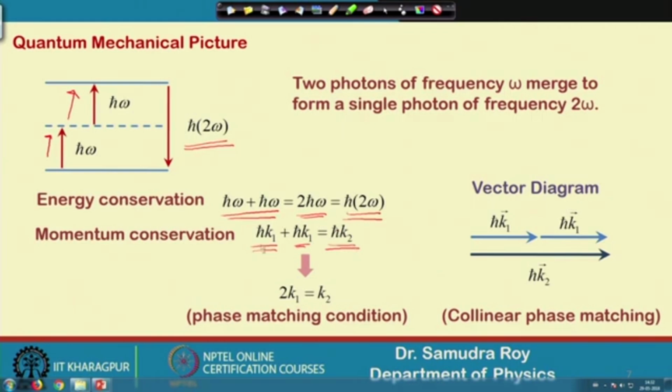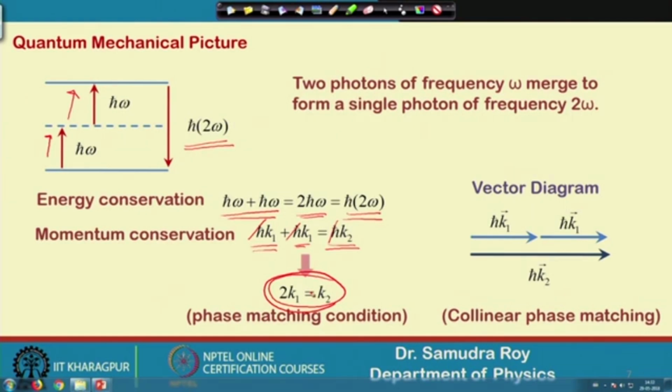Now, if I simplify this, or if I just cancel h cross altogether, whatever expression we have is nothing but the phase matching equation. So, the phase matching condition is nothing but the conservation of momentum. So, when the phase matching condition is there, we can say the momentum is conserved, and under that condition we have greater efficiency.